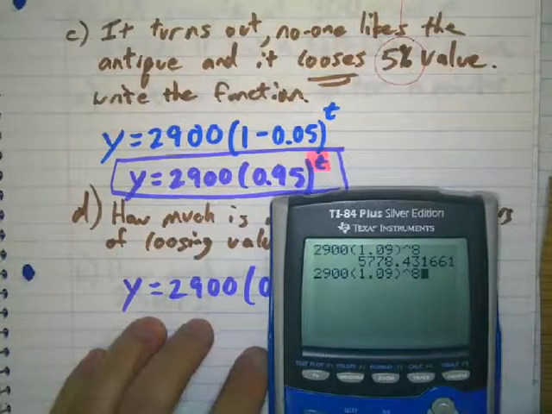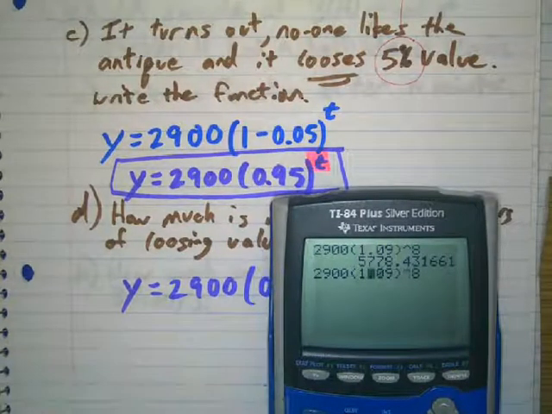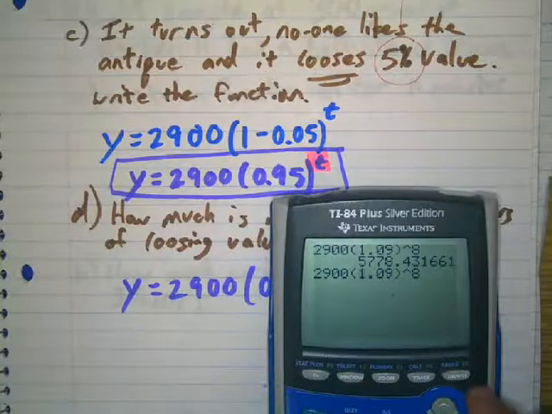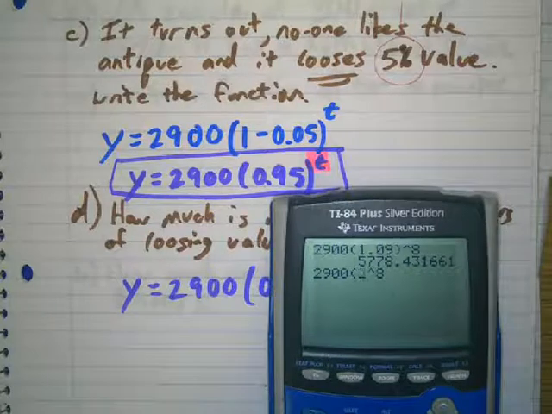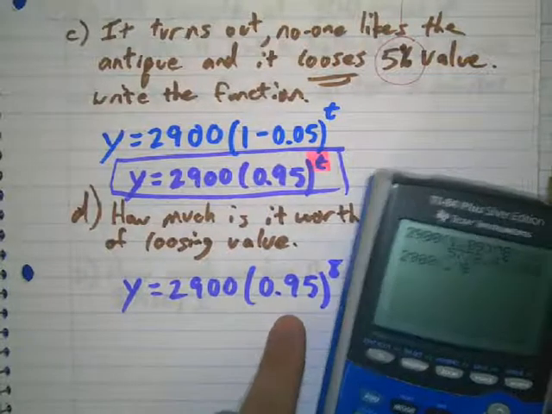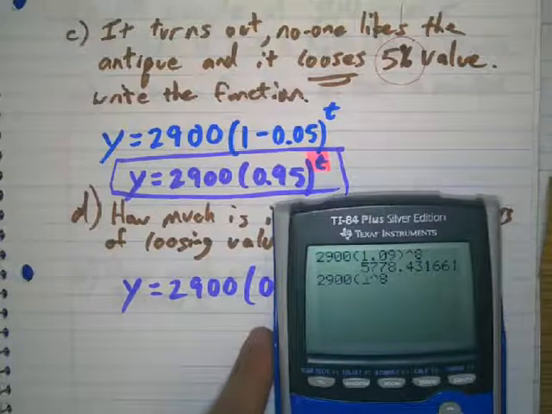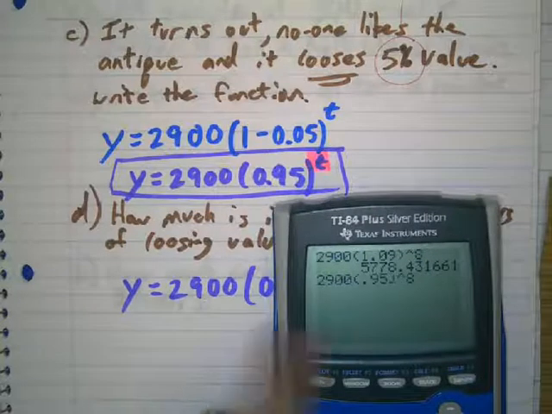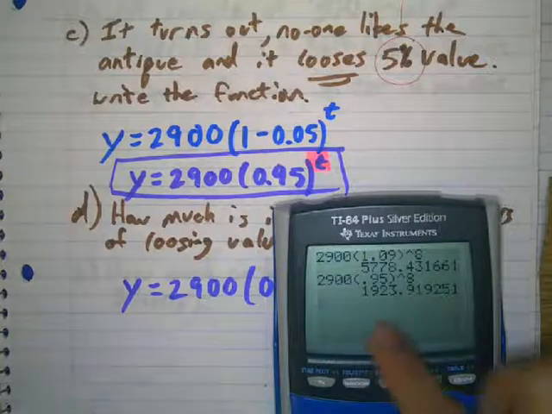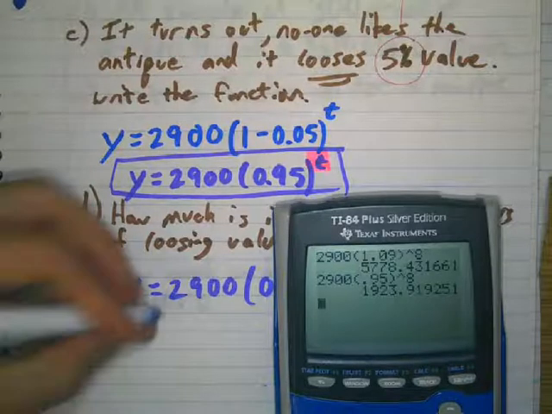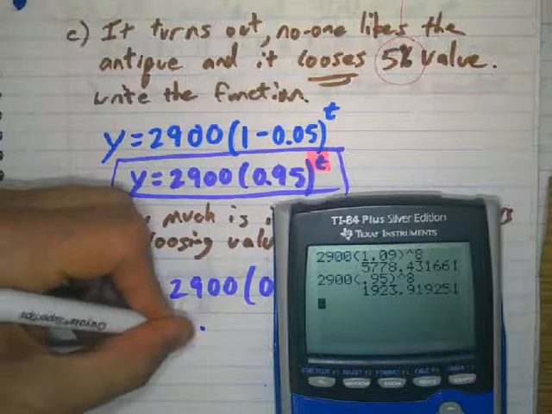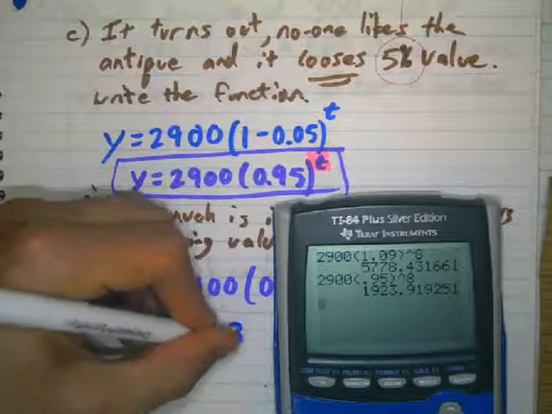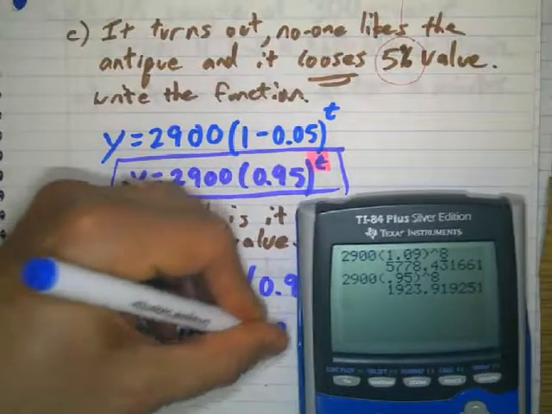Now I want to go back here and change this value, right? So I can hit delete, delete, delete, delete, and then second insert, and it's 0.95 to the power of 8, and my new value is $1923.92.